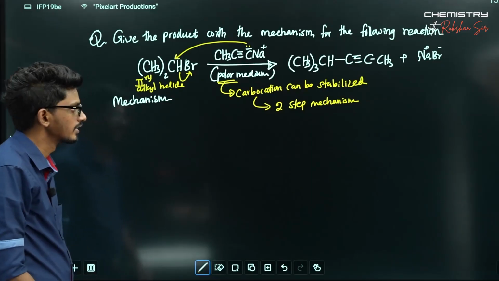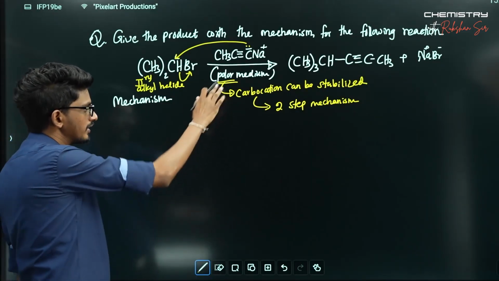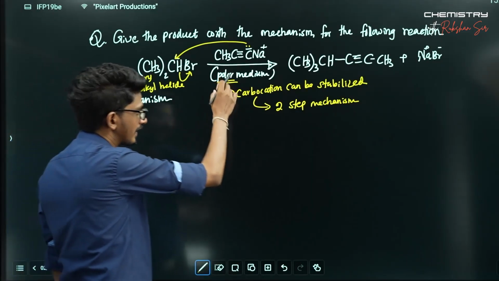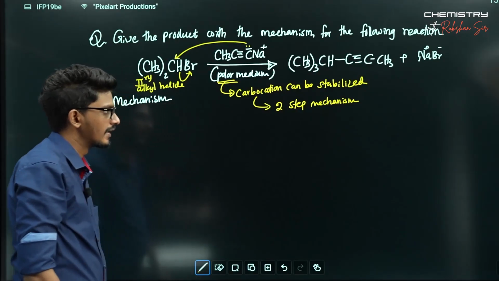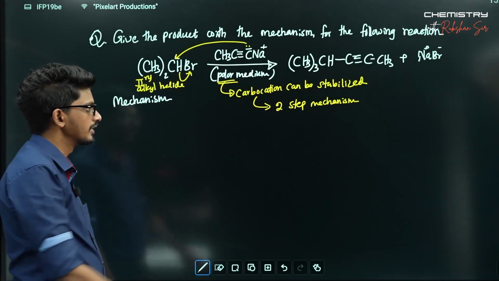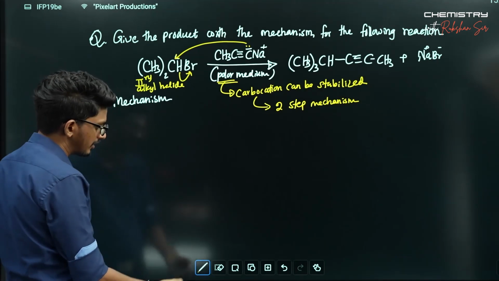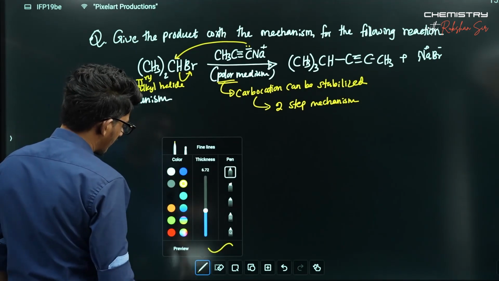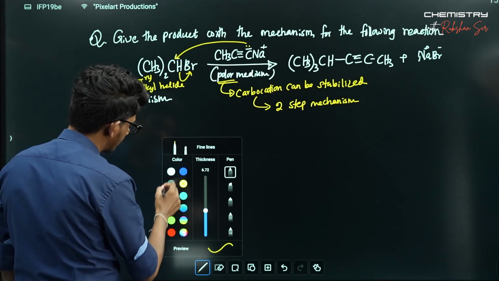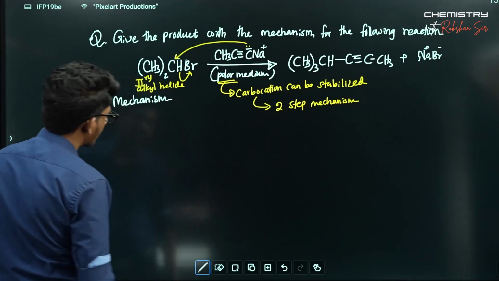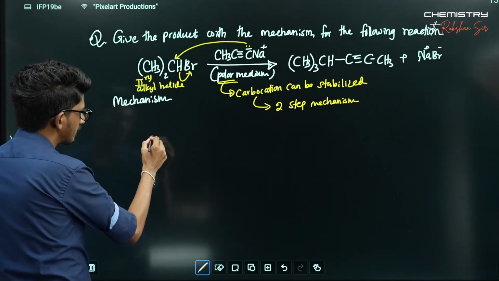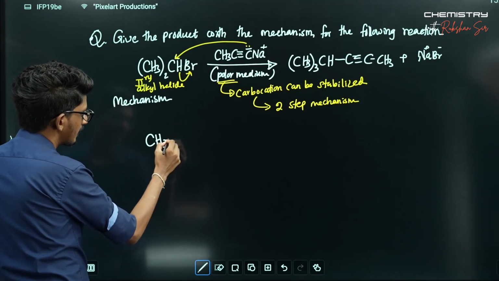As you are using a polar medium, as it can stabilize the carbocation, you will go to the two-step mechanism. So let's write the mechanism here, the two-step mechanism.